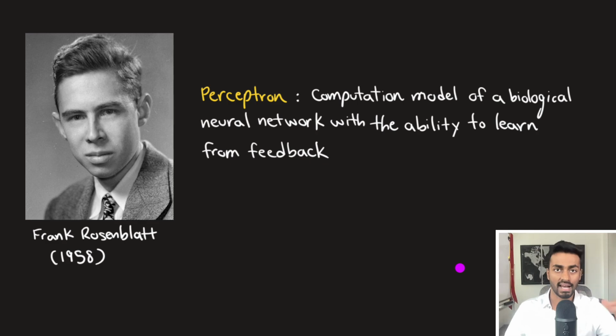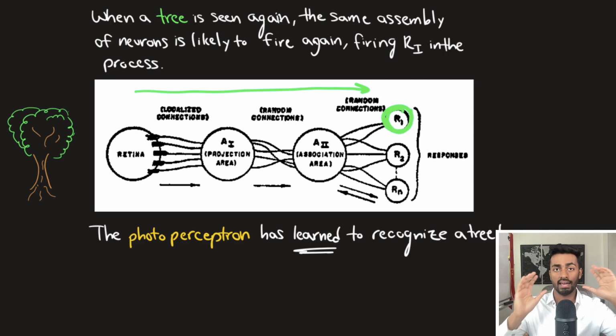And using these ideas, we had Frank Rosenblatt create the Perceptron, which was a computation model of a biological neural network with the ability to learn from feedback. We also took a look at a high-level diagram of a photoperceptron, where looking at an object repeatedly helps these neurons fire more easily, showing how the learning process can happen.